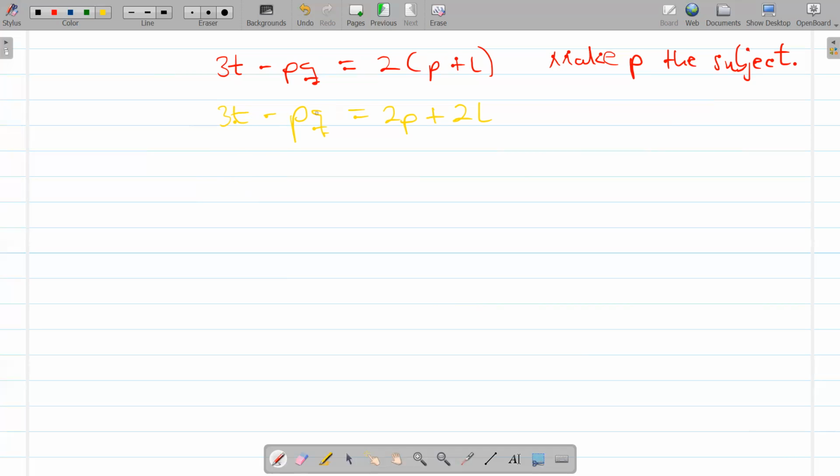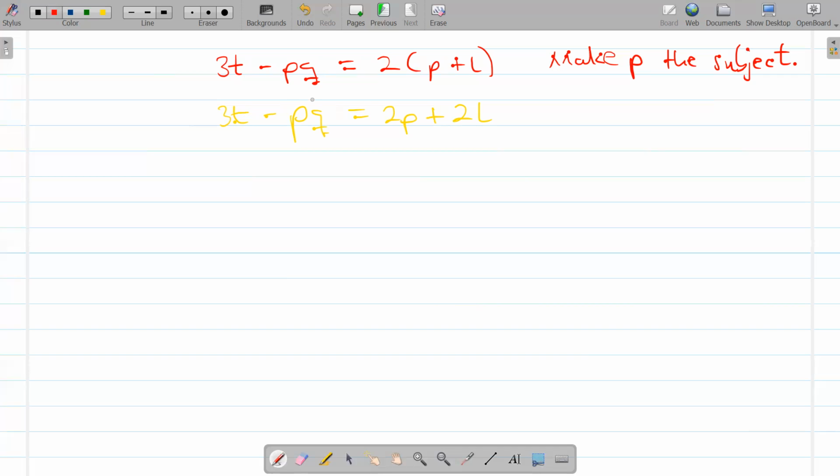Because over here, you just need to group like terms. 3T minus PQ is equal to 2P plus what? 2L. So to make it very simple for myself, why don't I move the negative across to this side? Oh, sorry, yeah. Okay. And why don't I move the 2L to the other side?